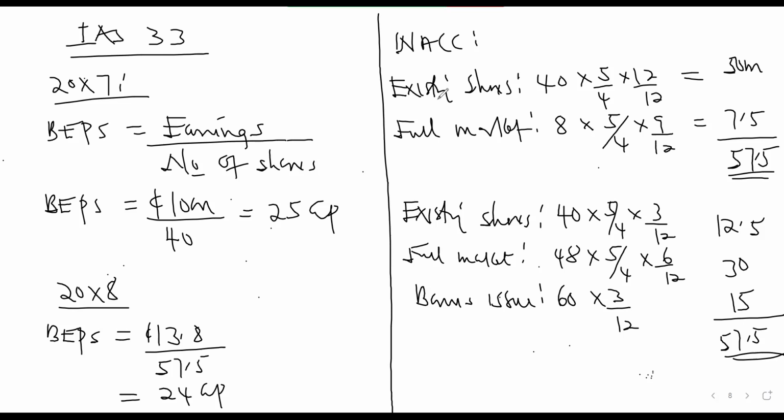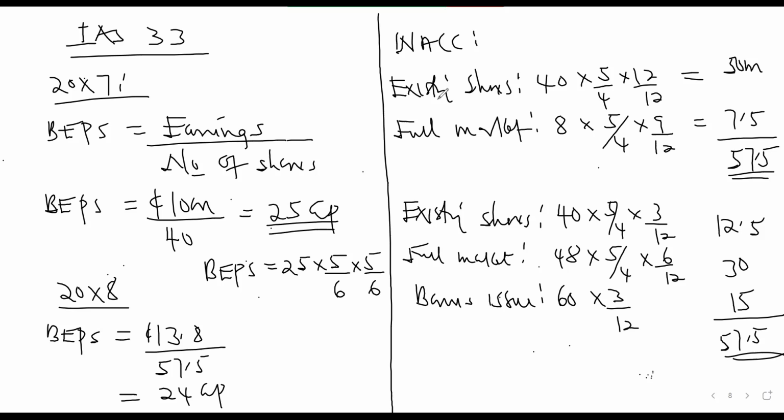But what you have to do is that if you calculate earnings per share before there is a bonus issue, the bonus issue will affect the earnings per share that you have calculated before. So the first earnings per share, which is 25 pesos, will be readjusted by the reciprocal of the bonus issue fractions. So the bonus issue was done twice.